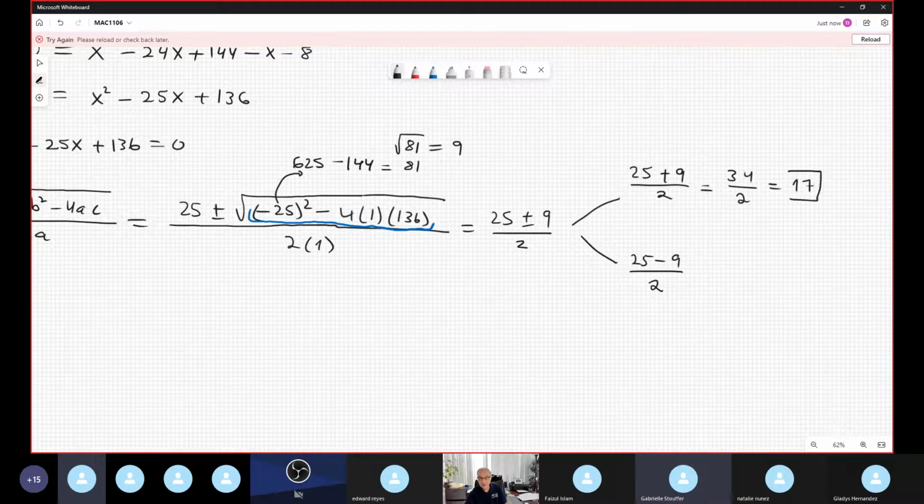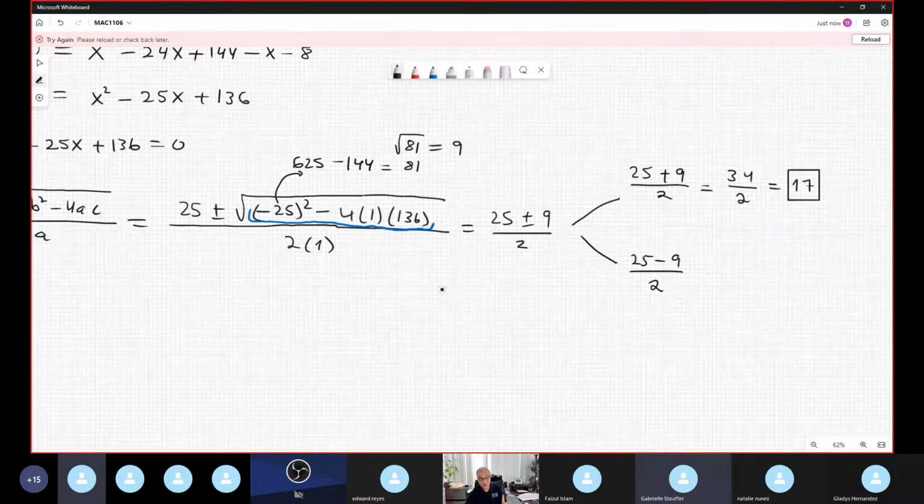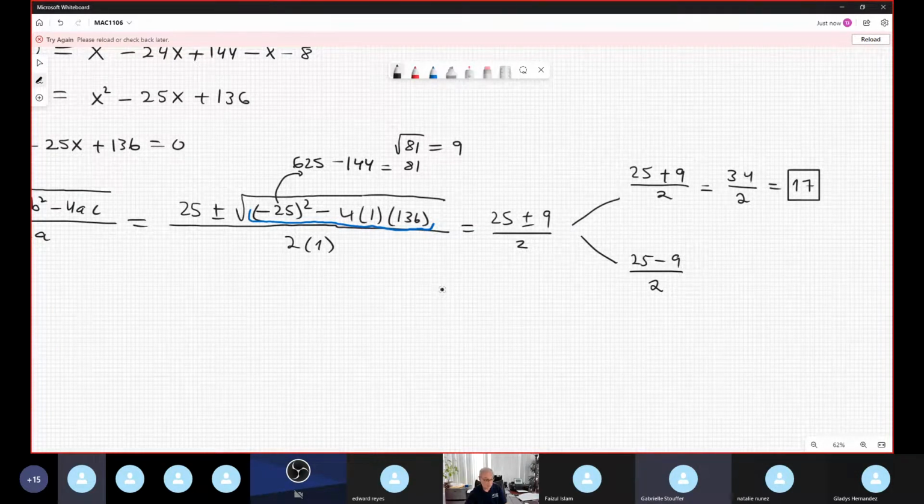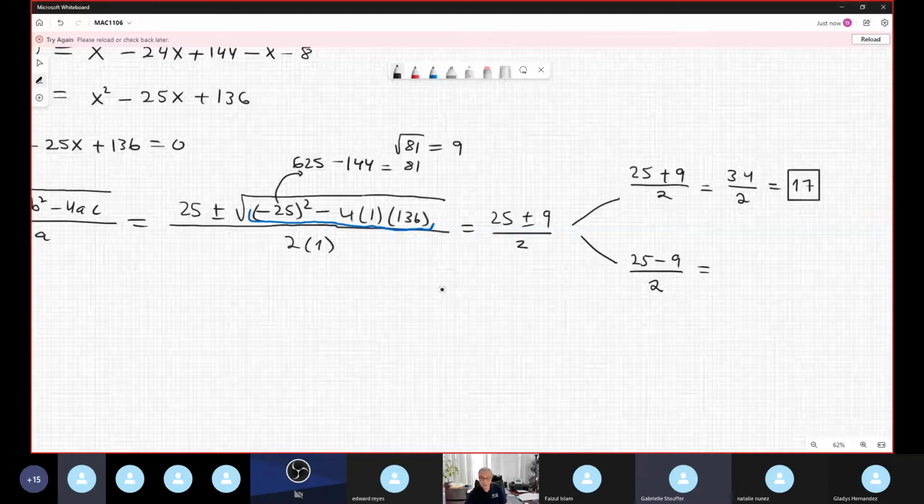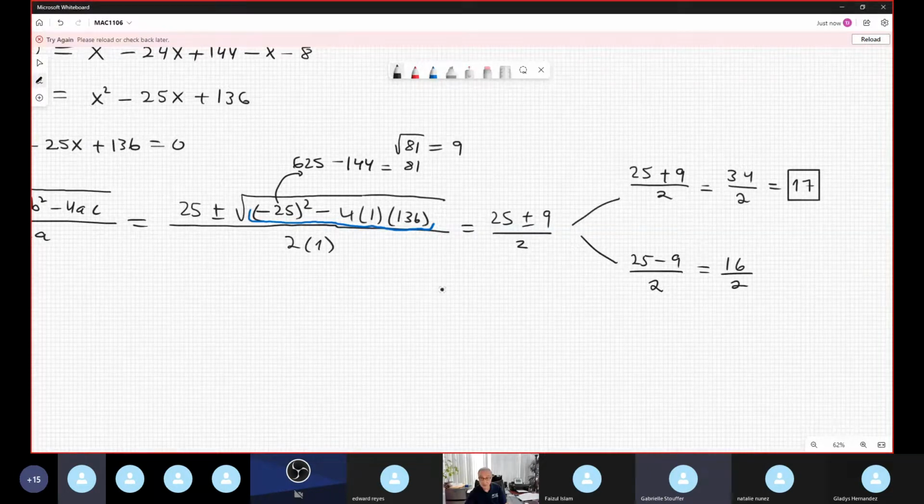I put this 17 in a box because this is a potential solution. Remember, potential, I need to check. And 25 minus 9 is 16, and 16 divided by 2 is 8.